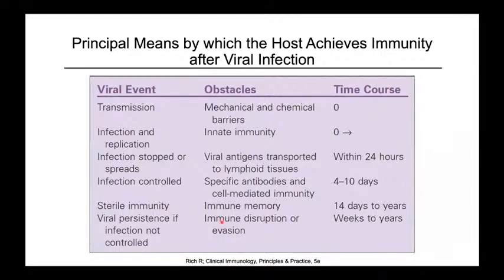However, all pathogens have mechanisms by which they want to evade the immune response so that they can survive and continue proliferating. So there are several immune evasion techniques that come into play. And this would cause persistence of the viral infection if the immune system is not able to get rid of these viruses that are escaping.